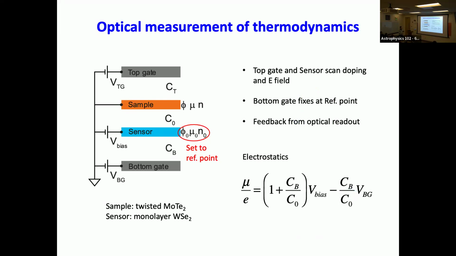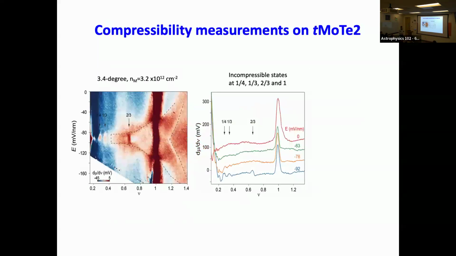If you can achieve that, you can solve the electrostatics of the problem: the chemical potential of the sample is given by the bias voltage that you apply between the sample and sensor, and the back gate voltage that you apply to keep the sensor at the reference point. On top of that, you have the ratio of the capacitance, which you can calibrate very precisely. Then you can read out the local chemical potential of the system with a spatial resolution of about 1 micron.